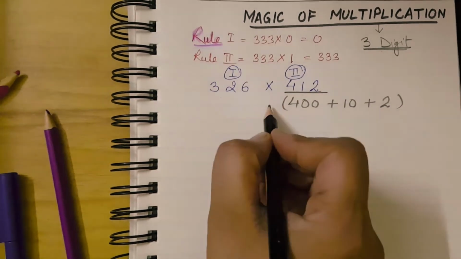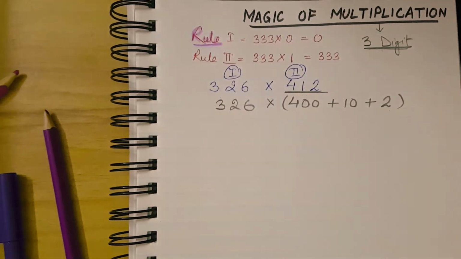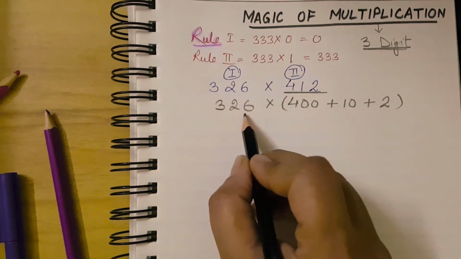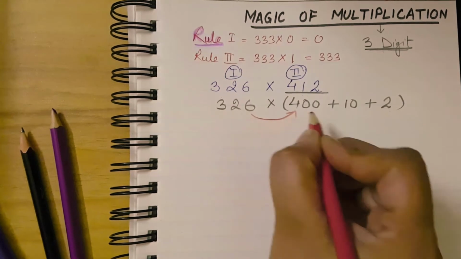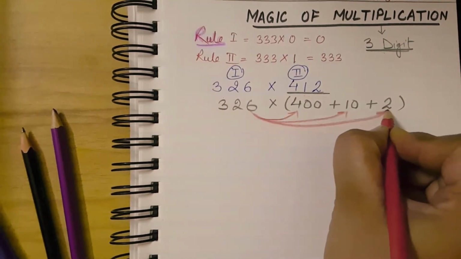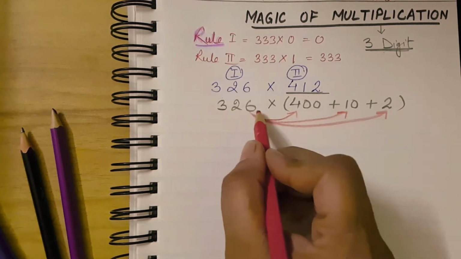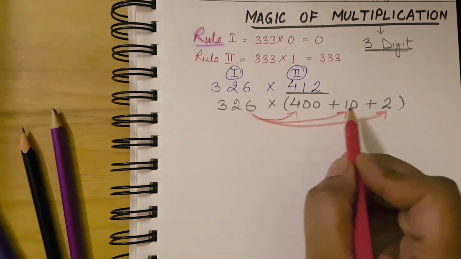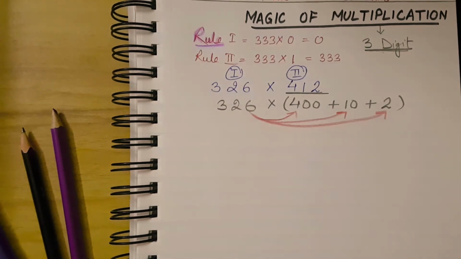That expanded form is going to multiply with 326. 326 is first multiplied with 400, after that with 10, after that with 2. You can see you are multiplying 326 with the expanded form. There is an addition sign, that means all answers of the expanded form should be added.